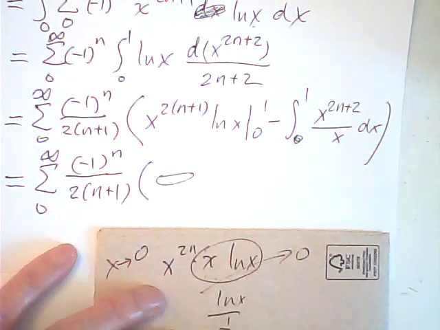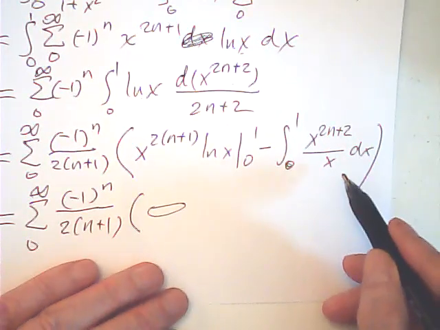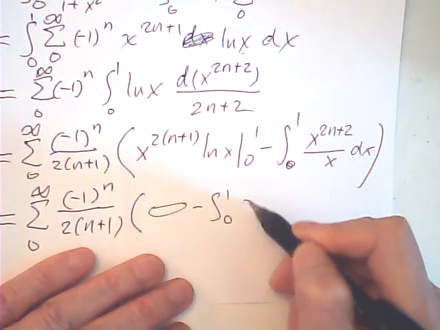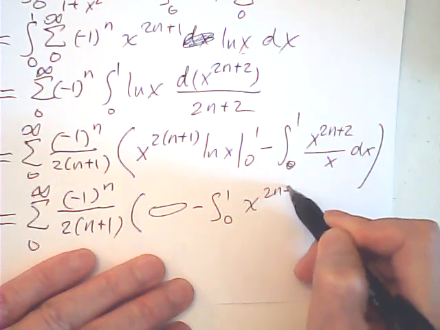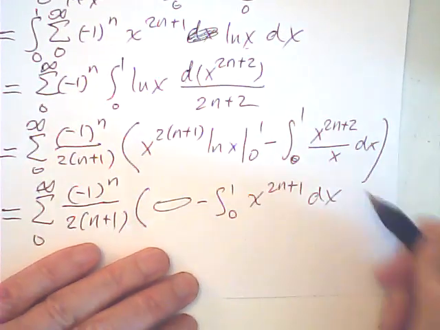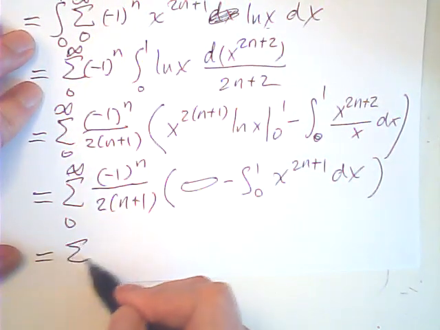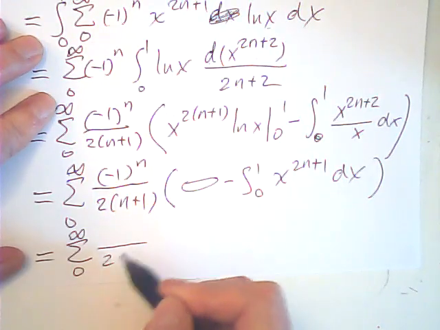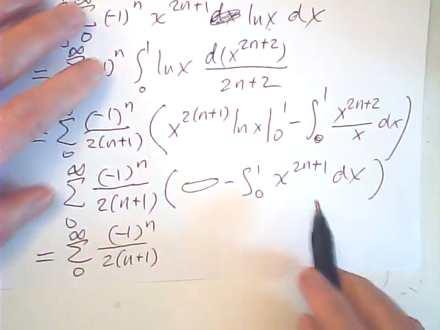And minus the integral, 2n plus 1, dx. Very good. So this was a sigma, 2n plus 1, minus 1 to the n.